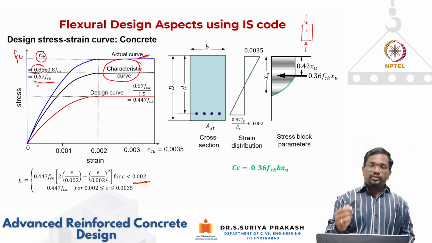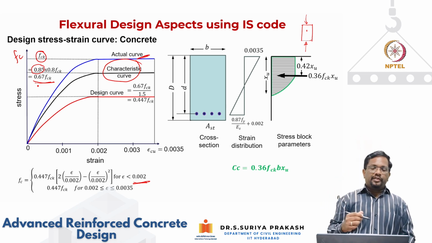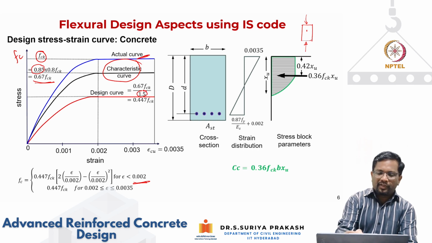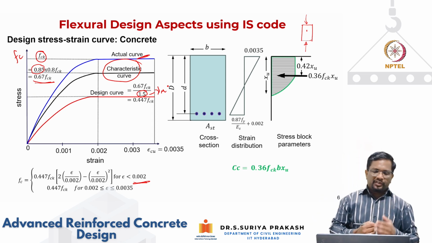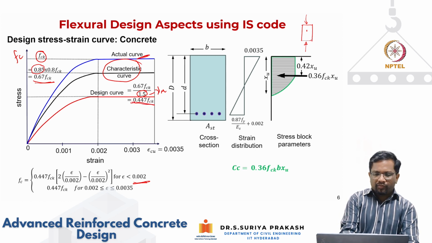And in addition to that, what the code is saying is, again you divide this by the partial safety factor. So that's why the 0.67 is divided by 1.5, which is nothing but your gamma m for concrete, which is 1.5. So 0.67 fck divided by 1.5 gives me 0.447 fck.